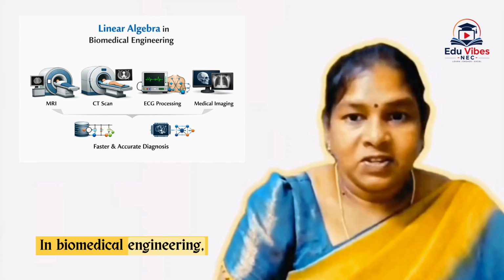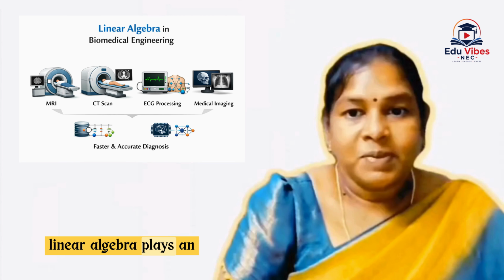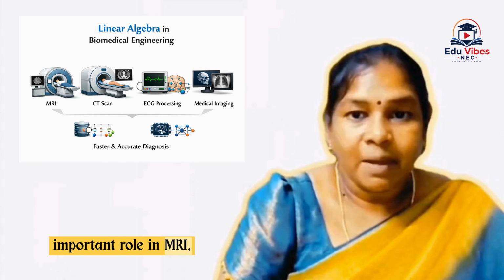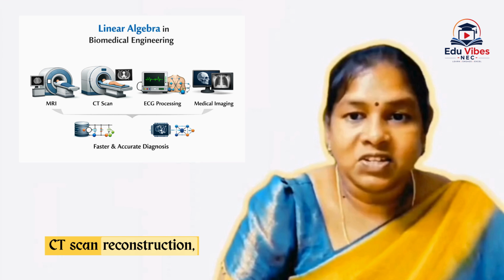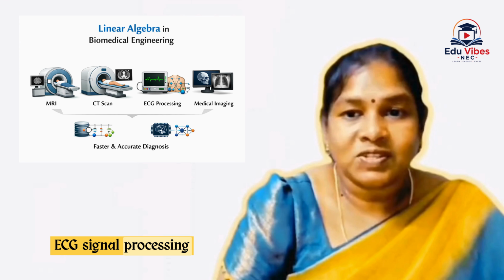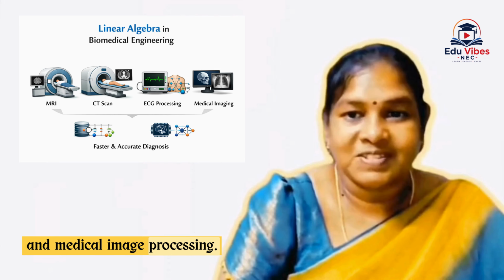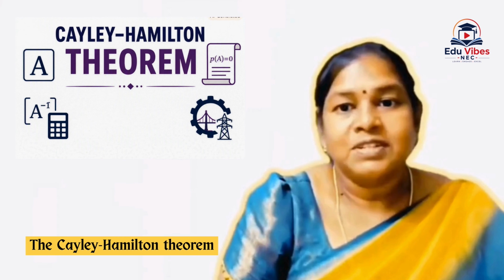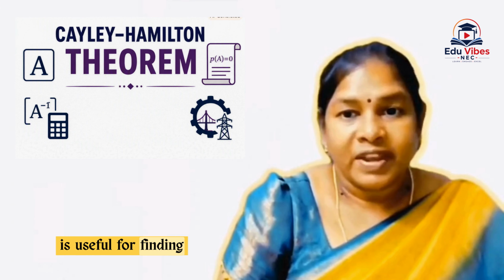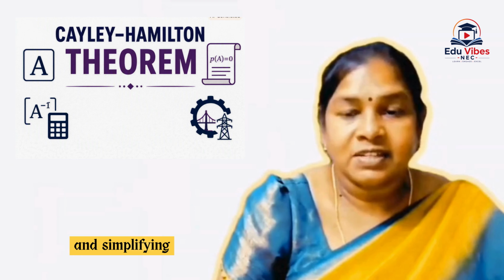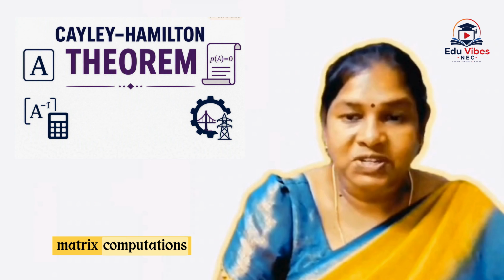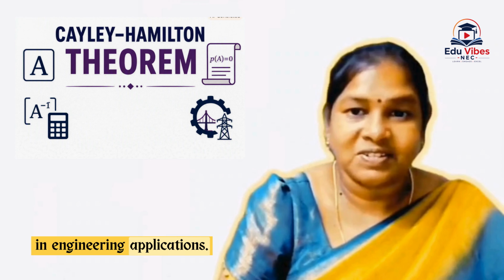In biomedical engineering, linear algebra plays an important role in MRI, CT scan reconstruction, ECG signal processing, and medical image processing. The Cayley-Hamilton theorem is useful for finding matrix inverses and simplifying matrix computations in engineering applications.